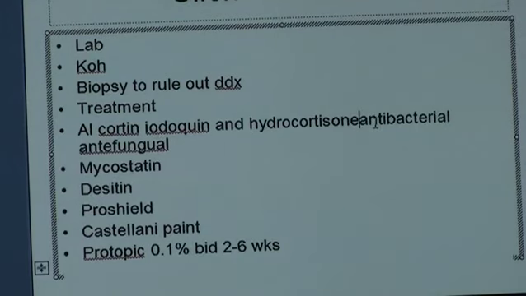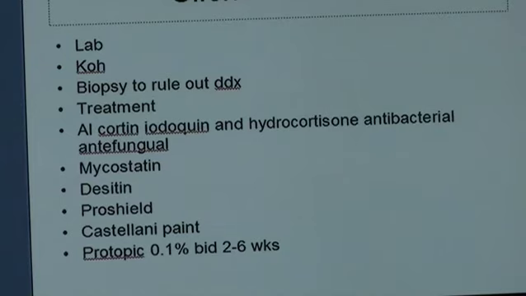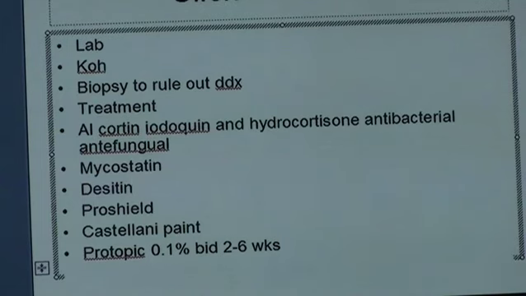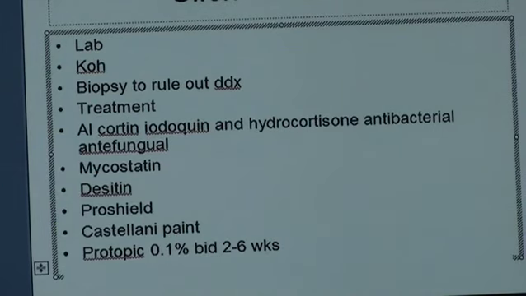Very nice. Okay. Mycostatin. Mycostatin and Desitin, ProShield. Basically, the Desitin and the ProShield are zinc oxide based with another, usually petroleum, to basically put in the shield.